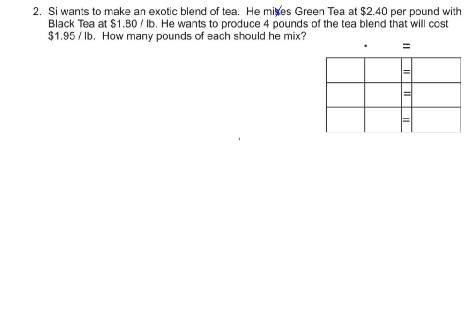He wants to produce 4 pounds of the tea blend that will cost $1.95 per pound. How many pounds of each should he mix?